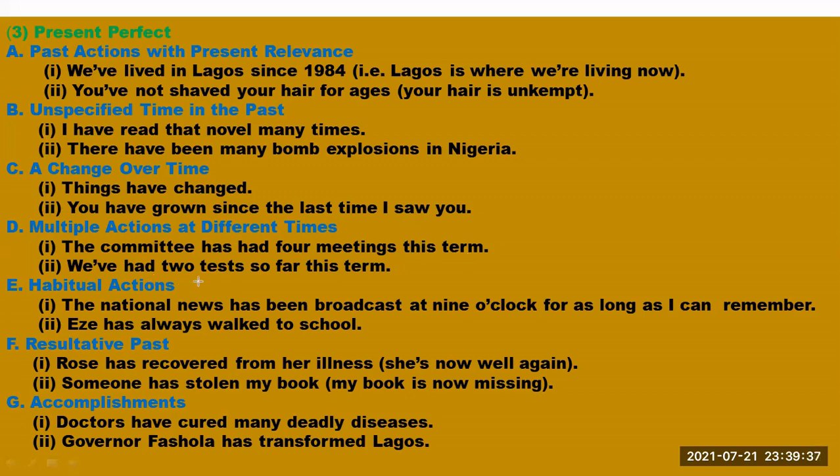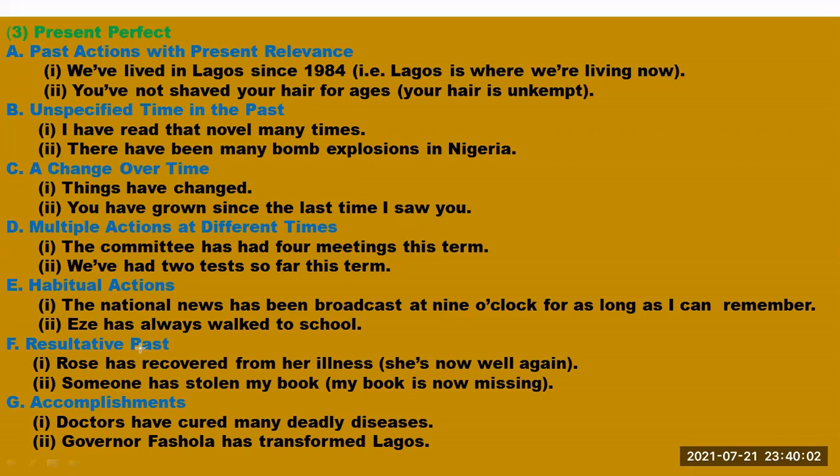We have had 2 tests so far this term. Then habitual actions. The national news has been broadcast at 9 o'clock for as long as I can remember, something that has always happened regularly. Eze has always walked to school. That is a habitual action.